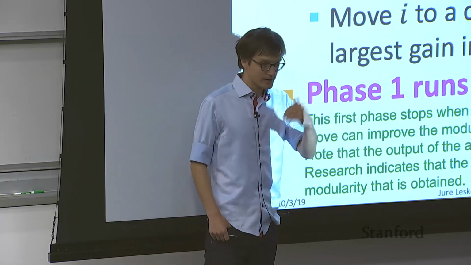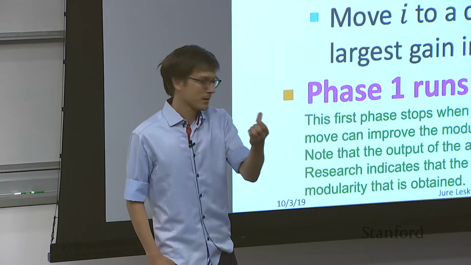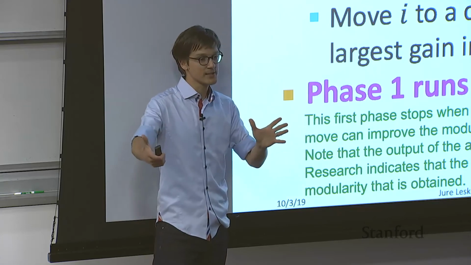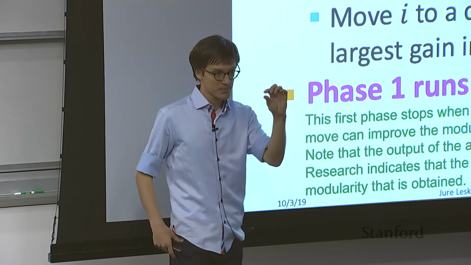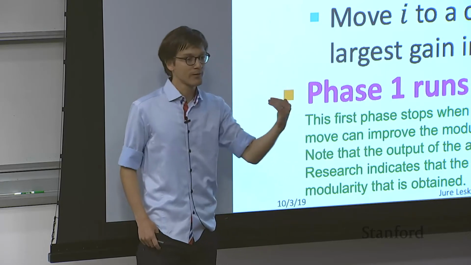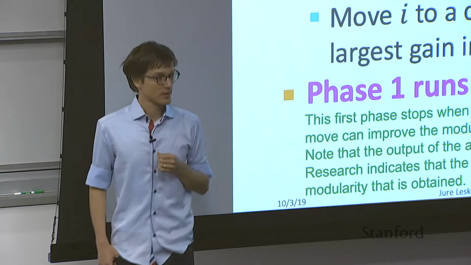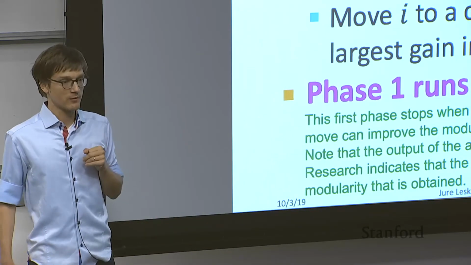And the only way things wouldn't converge is if my deltas would get smaller and smaller over time. But I'm working with a discrete system of finite size. So there will always be some minimum delta by which the modularity will increase. So I'll always get stuck. So I'll always converge. Happy to talk more offline.